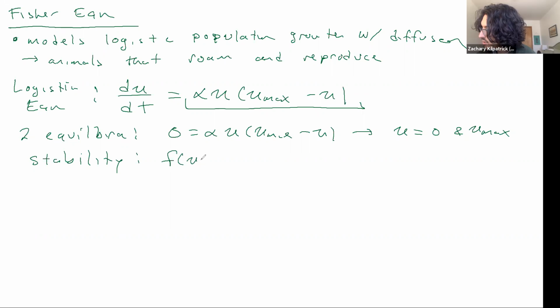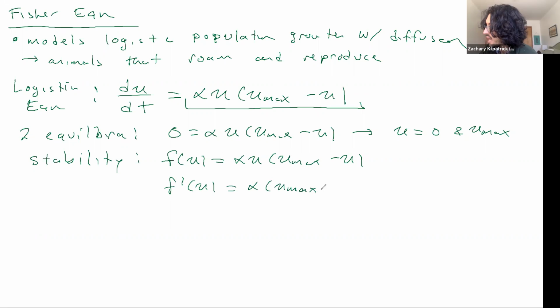So if f of u equals alpha u (u max minus u), f prime of u equals alpha (u max minus u) minus alpha u, which is alpha (u max minus 2u).